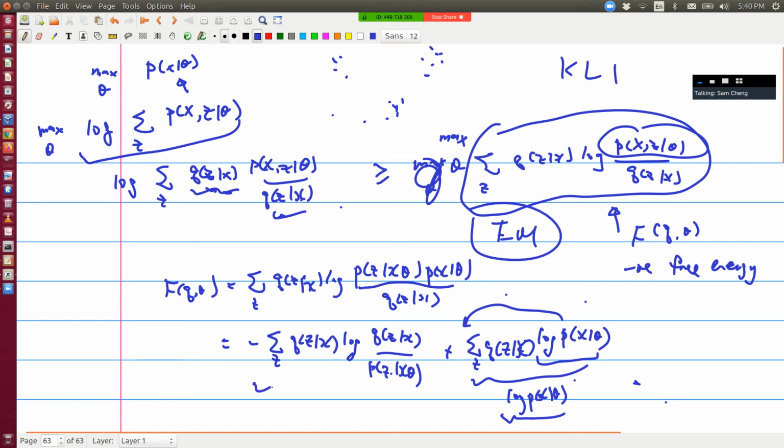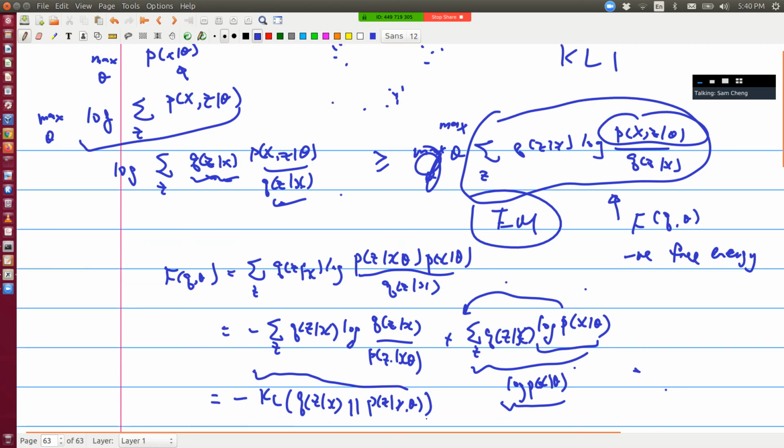So the one left here, if you look at this, it's just the KL divergence between Q(C given x) and P(C given x, theta). This is minus the KL divergence. This also specifies the gap of our lower bound from the original one.